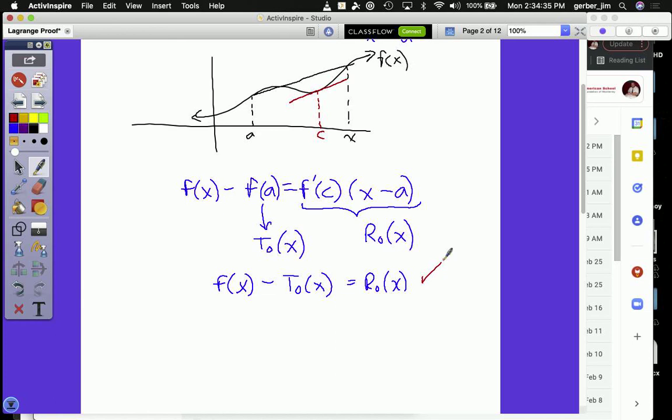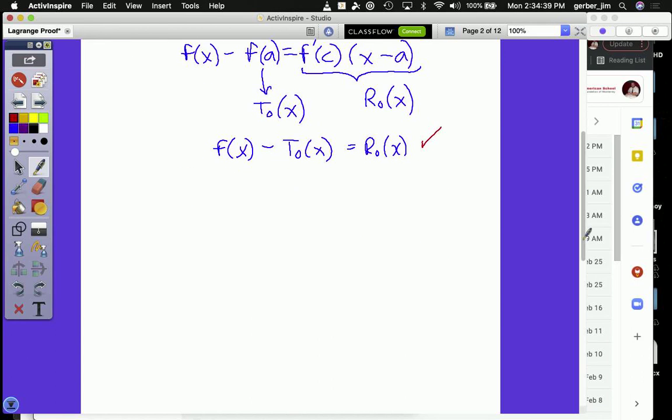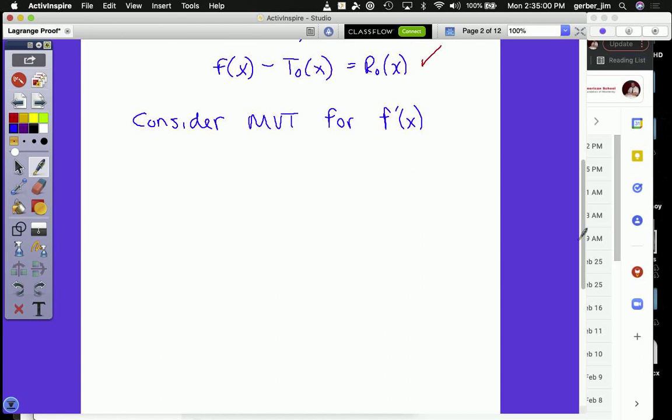Now the trick is, how do we do it for our second order approximation, when we wanted to use a first order Taylor polynomial? Well, we're going to do the same sort of thing. We're going to consider the mean value theorem again, except this time we're going to apply it to the first derivative. So if I think of the first derivative, I've now got a function, maybe it looks like this.